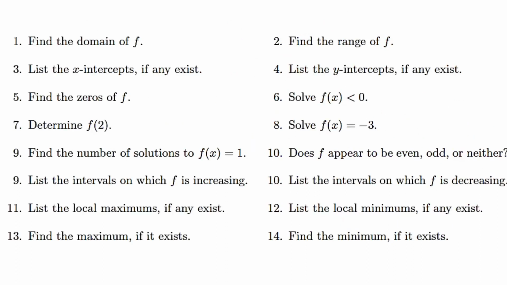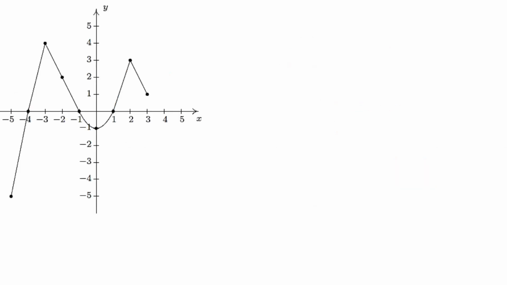Okay, so number 6 says solve f of x is less than 0. So we want to know the intervals over which that function has a negative y value. When does it drop below the x-axis, in other words?